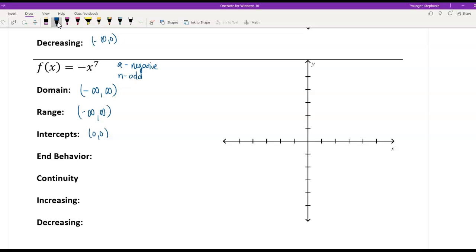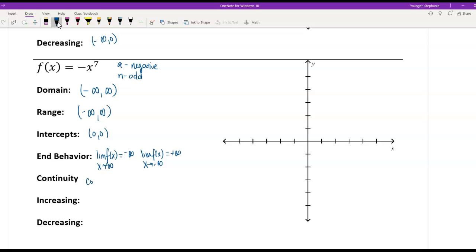My end behavior, cubic shape, reflected across the y-axis. So I know it's going to come up here and go swooping down. So end behavior, the limit of f of x as x approaches positive infinity is negative infinity. And the limit of f of x as x approaches negative infinity is going to be positive infinity.